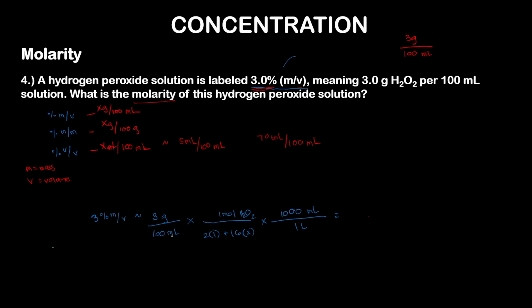So we can solve it. This one is in grams, so this would be cancelled. So 3 over 100 times 1 over 2 plus 16 times 2, times 1000. That would be 0.882.